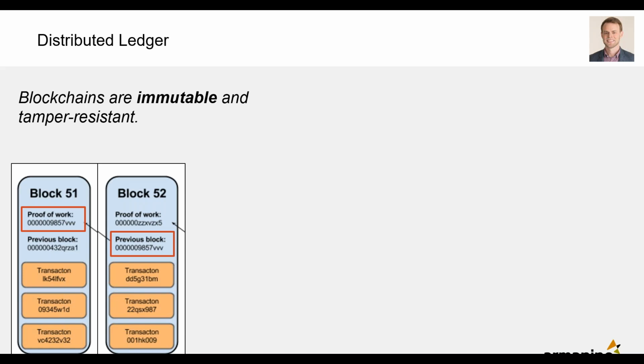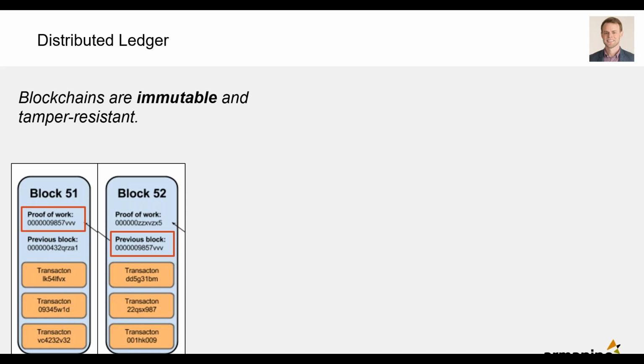Once you only have one layer, one block, it's extremely difficult, but it's not completely ruled out that you can go back and make some changes to the previous block. But every time you add a new block, it becomes exponentially harder, mathematically more unlikely, or less likely, that anyone can tamper with the integrity of the data.